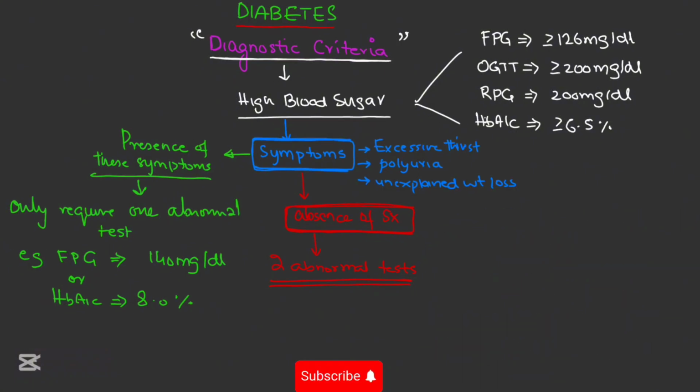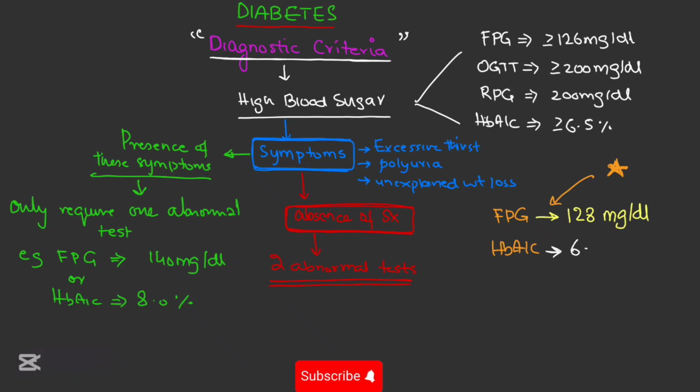Now let's consider another scenario. This is also in the case when there are no symptoms of hyperglycemia. Let's suppose we perform two tests on the same day, that are fasting plasma glucose and HbA1c levels. And the fasting plasma glucose level came out to be 128 mg per dl, and the HbA1c level came out to be 6.3%. So now there is a discrepancy in the result.